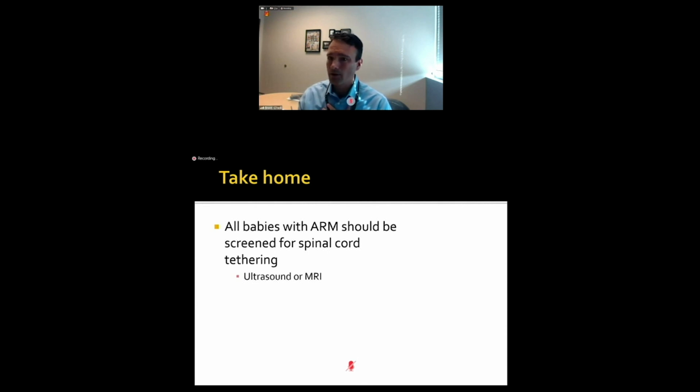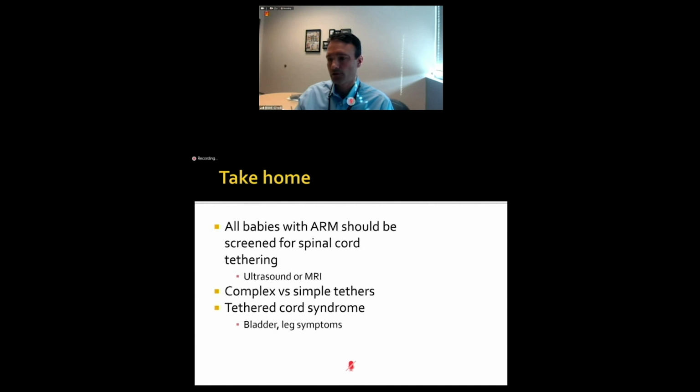We will very commonly get an MRI in babies with anorectal malformation because it definitely gives us the most detail. You know, sometimes we don't know what exactly to do with that information, but I'd rather have it and not know what to do with it rather than just being completely in the dark. Many other institutions will do an ultrasound as the screening, and that's okay too. It certainly is going to let you know if there's any of the major problems.